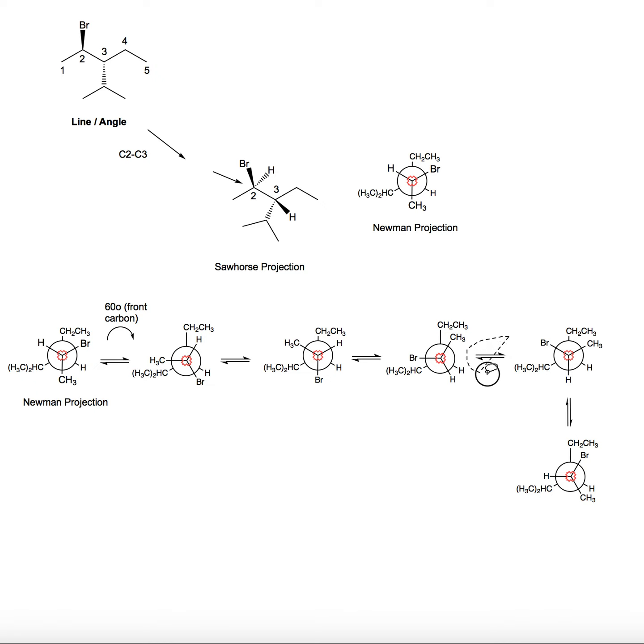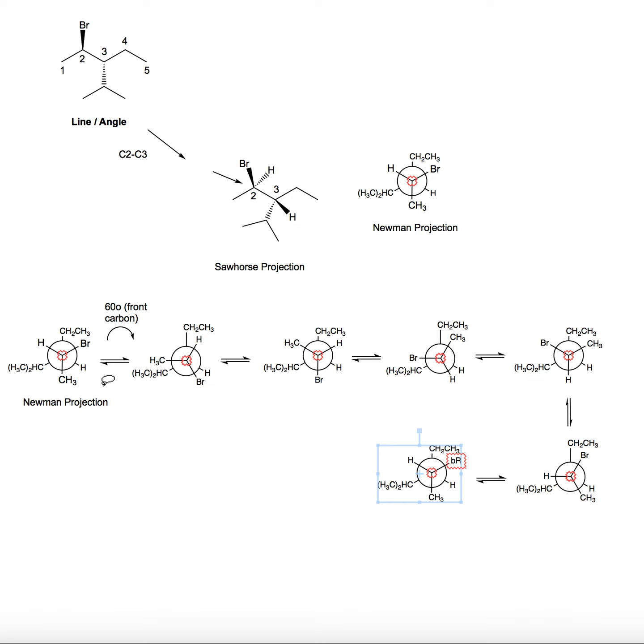And then, guys, another 60 degrees rotation from this eclipsed will bring us to staggered. I want you to look at what's going to happen here. In this staggered conformation, the hydrogen is coming here, bromine is coming here, and methyl is coming here. As you can see, this structure and the first one are the same.